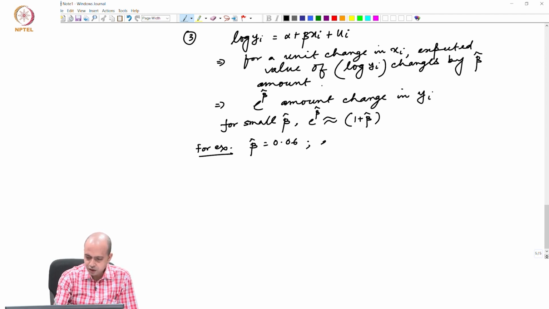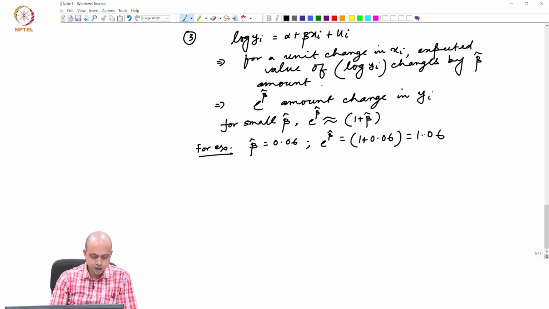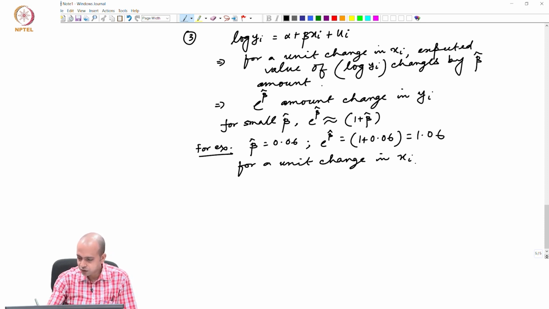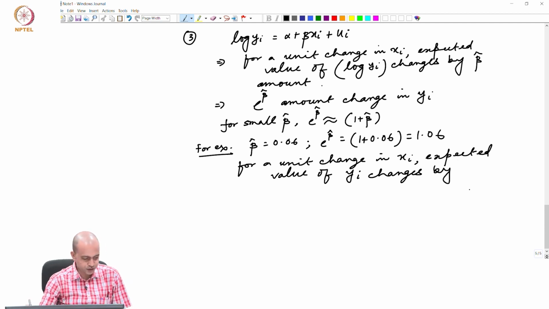So, this implies e to the power beta hat equals 1 plus 0.06, equals 1.06. So, for a unit change in xi, the expected value of yi changes by 6%.